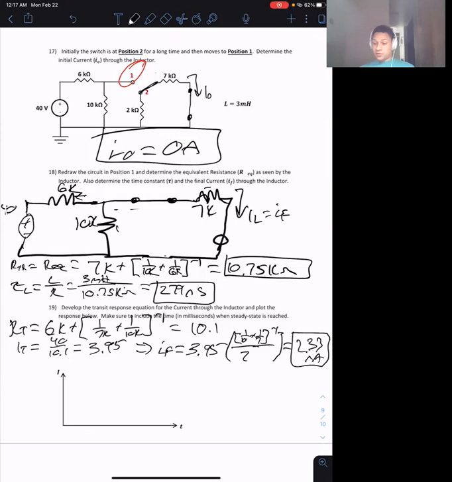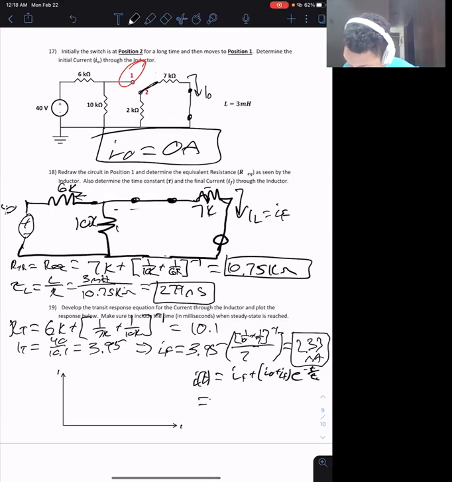So the last part is you're just gonna plug it into the general equation again. Remember, use the general equation. Do not use the quick equations. So that's I final plus I initial minus I final e to the negative t over tau L. And then we'll just plug all the numbers in.